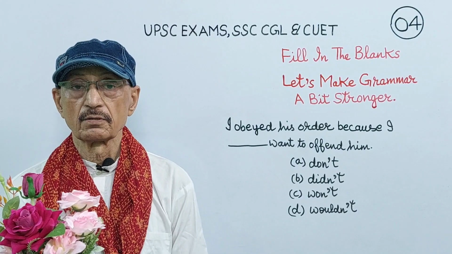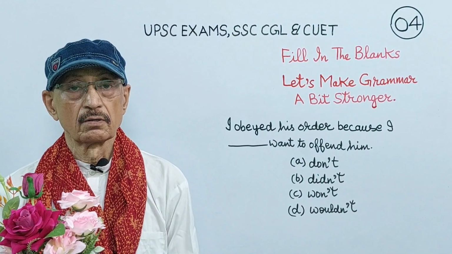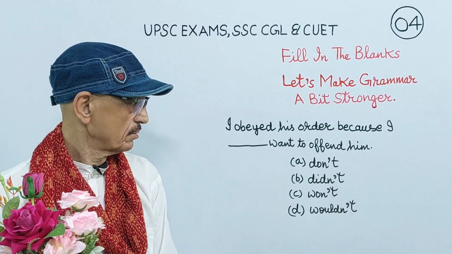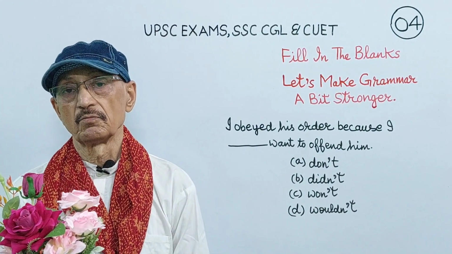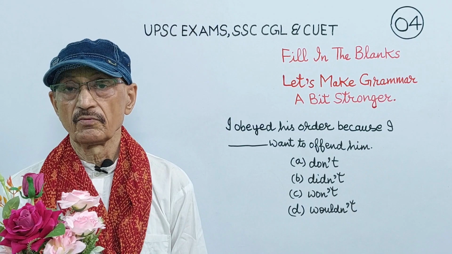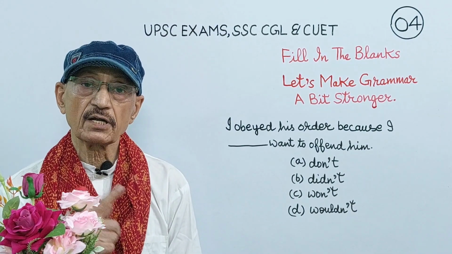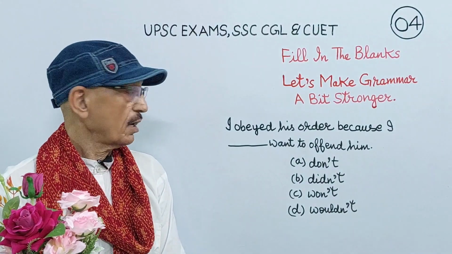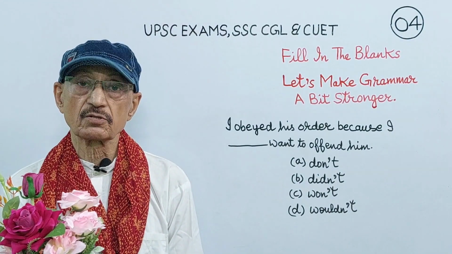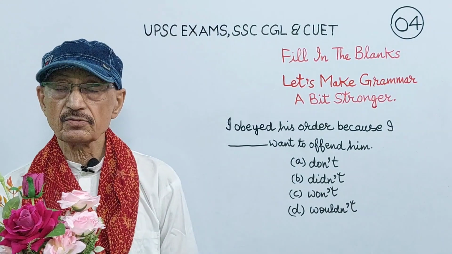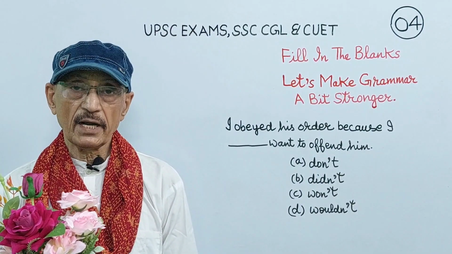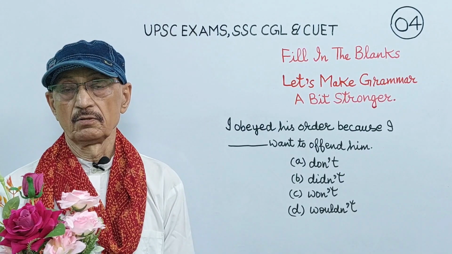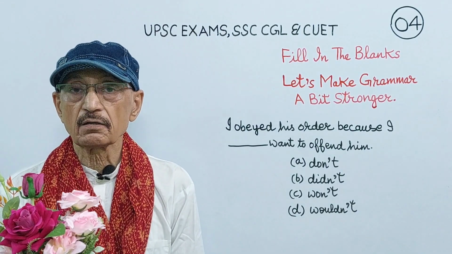Don't and didn't are auxiliaries or helping verbs. Won't and wouldn't are modal verbs. Which word will you take here to fill this blank space? You should take didn't.